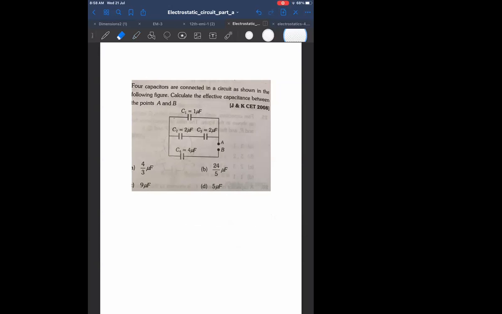Therefore, can I say I can redraw this circuit as 2 microfarad. This is point A, and down I will have 4 microfarad, and this will be point B.